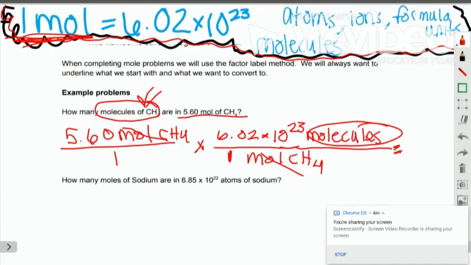The last step is, we figured out all of our units cancel. We can open up our calculator and figure out what is 5.60 times 6.02 times 10 to the 23rd.